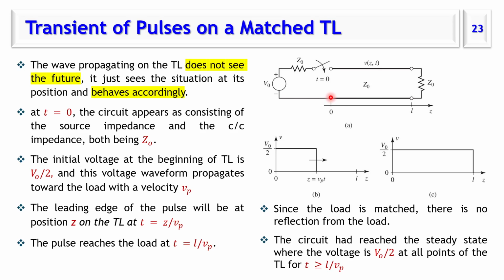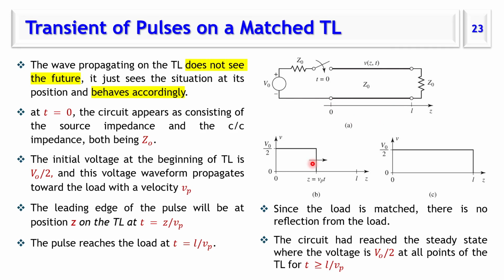After some time, the signal is propagating. So V naught over 2 is reaching here, and here, and here. At the time of L over V phase, it will reach the load. The load is matched, so there is no reflection.